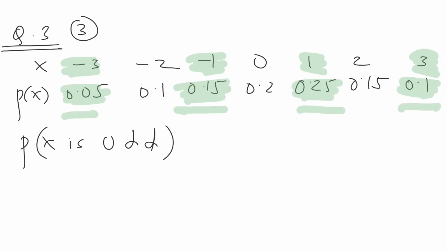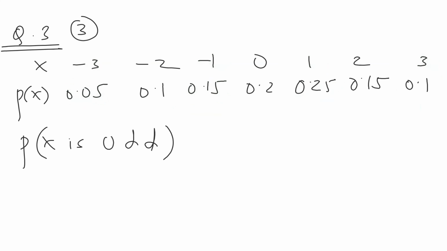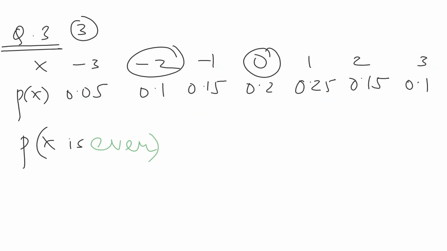All these probabilities, if you can add, you'll get the answer. Next thing they are asking is when X is even. Even numbers are -2, 0, and 2. Add their respective probabilities. So where I'm marking an arrow, you should add those probabilities. I hope you have understood this question.